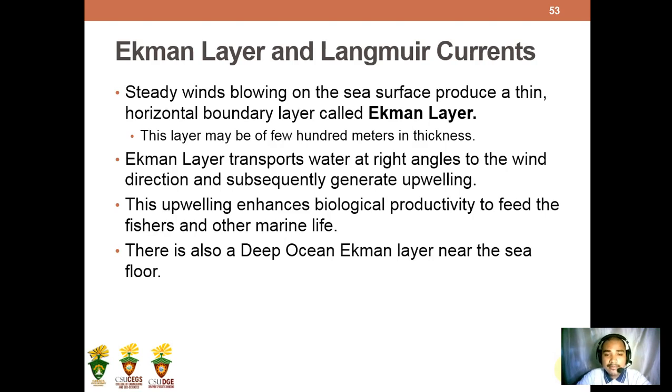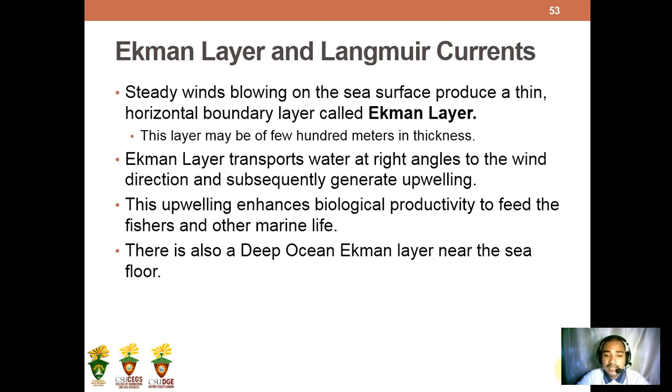So, this layer may be a few hundred meters in thickness. Ekman layer transports water at right angles to the wind direction, and subsequently generates upwelling. And these upwelling motions enhance biological productivity to feed the fishes and other marine life. And there is also a deep ocean Ekman layer near the sea floor.